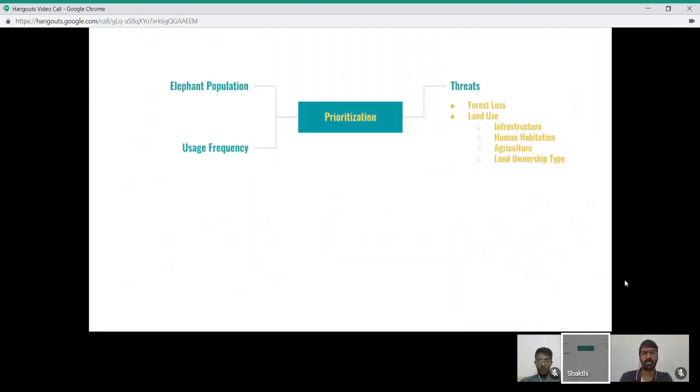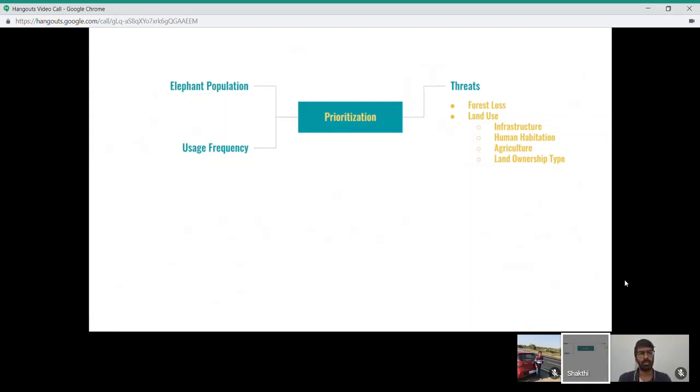So why are we doing this study? The actual purpose was to help in prioritizing these corridors for conservation action. And the factors considered are the elephant population size of the corridors, so from between two large habitats, what is the population size that the corridor is helping in movement, and also the frequency of movement or usage, and also threats.